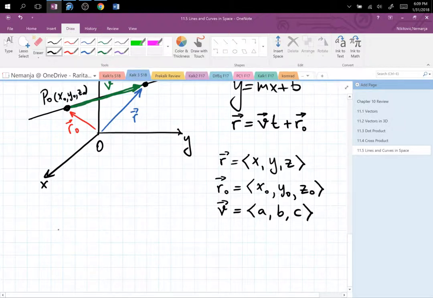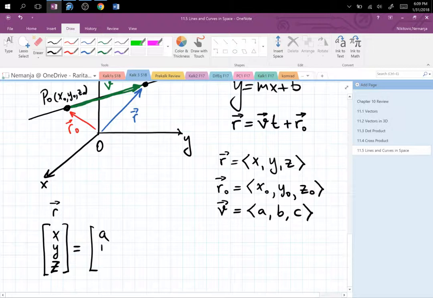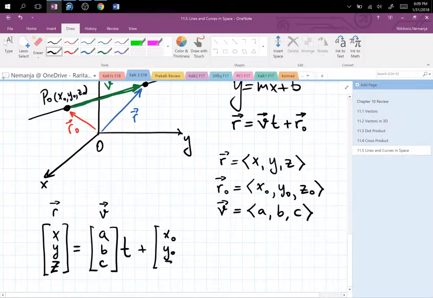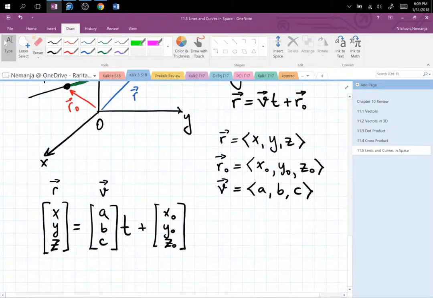So I have the x, y, and z column vector, which is my r, equal to vector v, which is a, b, c, times the parameter t, plus the initial vector x0, y0, z0. So this is the entire equation written out as column vectors.